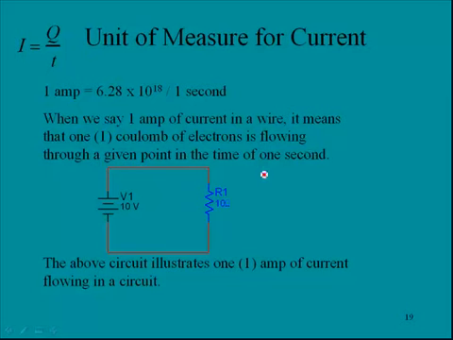In this case, we haven't talked about Ohm's law yet, but 10 volts over 10 ohms, so E over R would equal I, and in this case we would have 1 amp. The circuit above illustrates 1 amp of current flowing in a circuit.